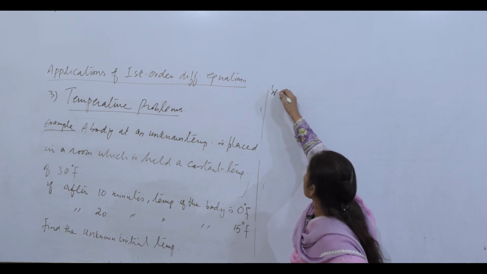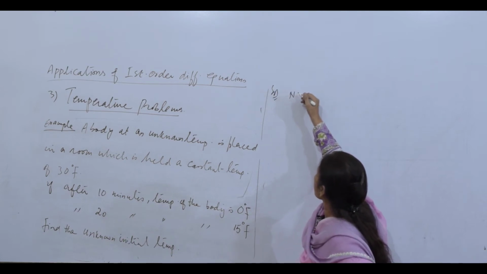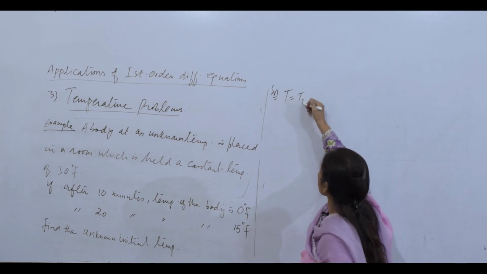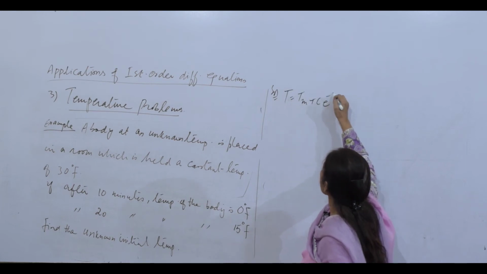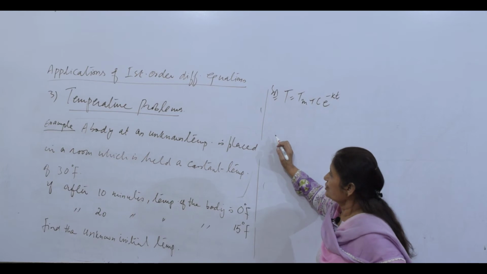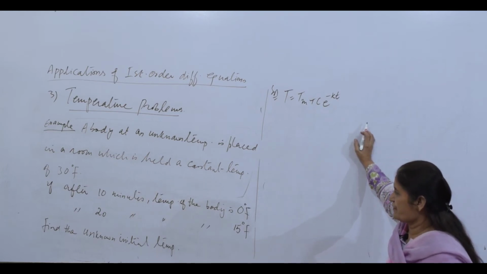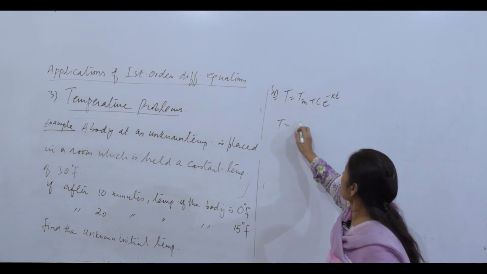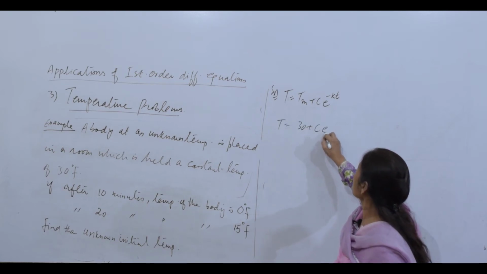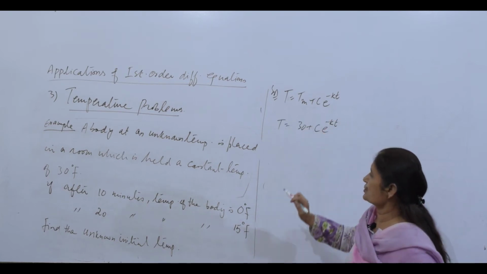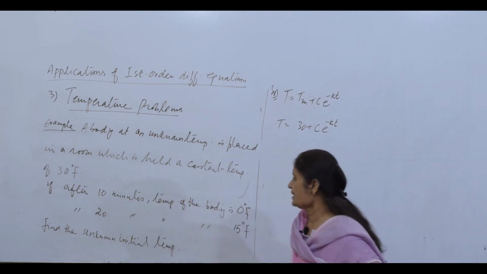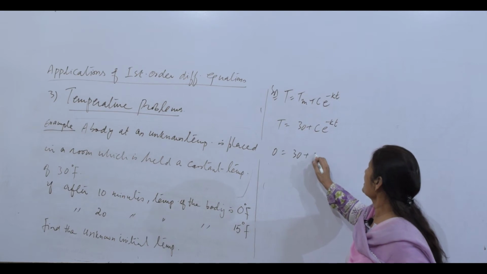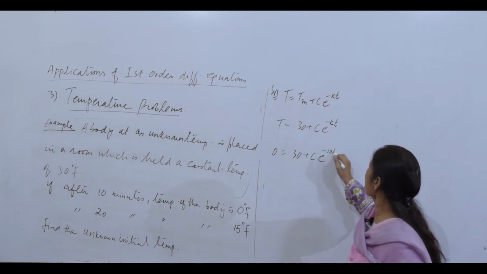So, solution, using the same equation, T is equal to Tm plus Ce to the minus Kt. T is equal to 30 plus Ce to the minus Kt, because the constant temperature is 30. After 10 minutes, 0 degrees: 0 is equal to 30 plus Ce to the minus 10K.